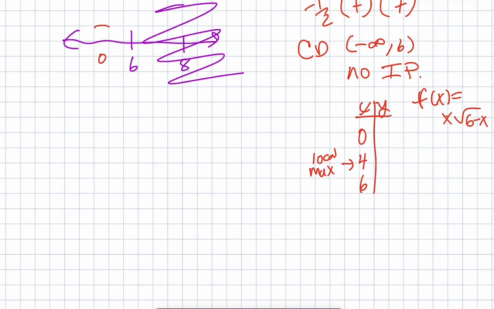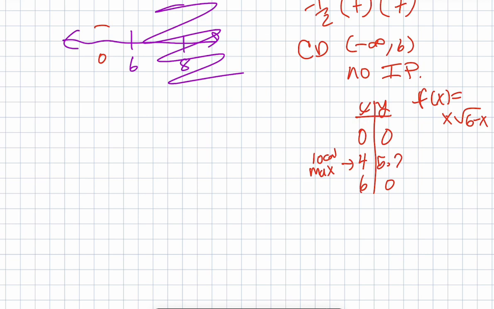If we plug in 0, we get 0. If we plug in 4, we get 4 times the square root of 2, which is about 5.7. And if we plug in 6, we are back at 0 again.